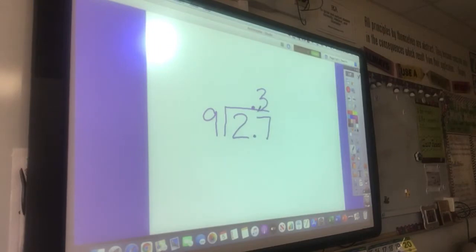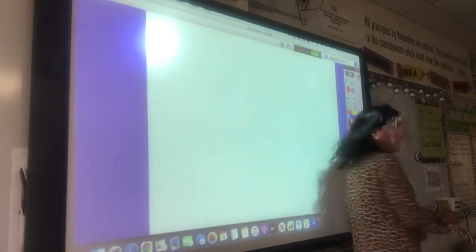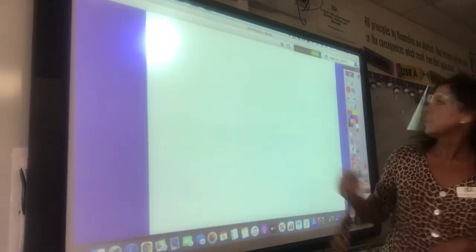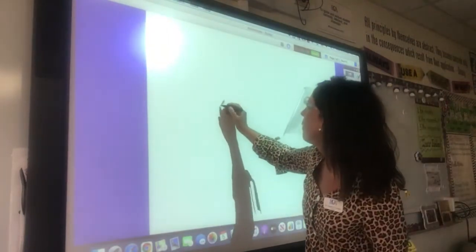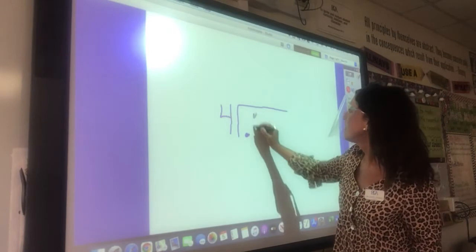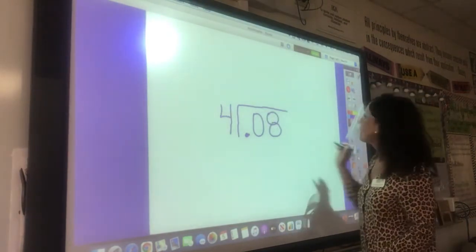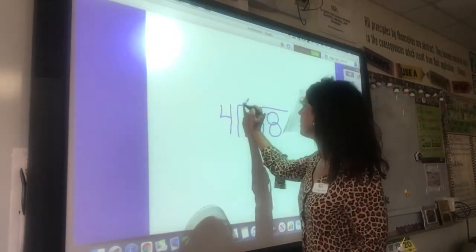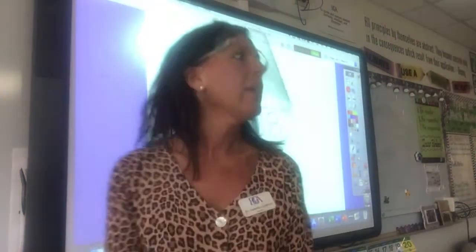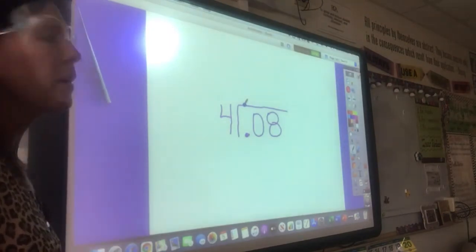Okay, let's put another example in here because there's one thing that can happen sometimes when you're dividing with decimals. Let's put 4 into 0.08. First of all, my decimal point comes up. And then, can 4 go into 0?